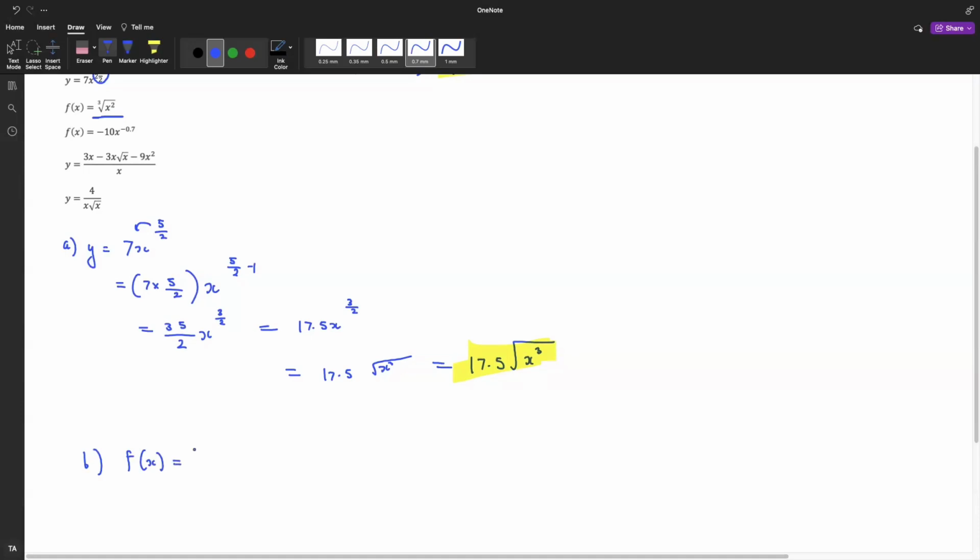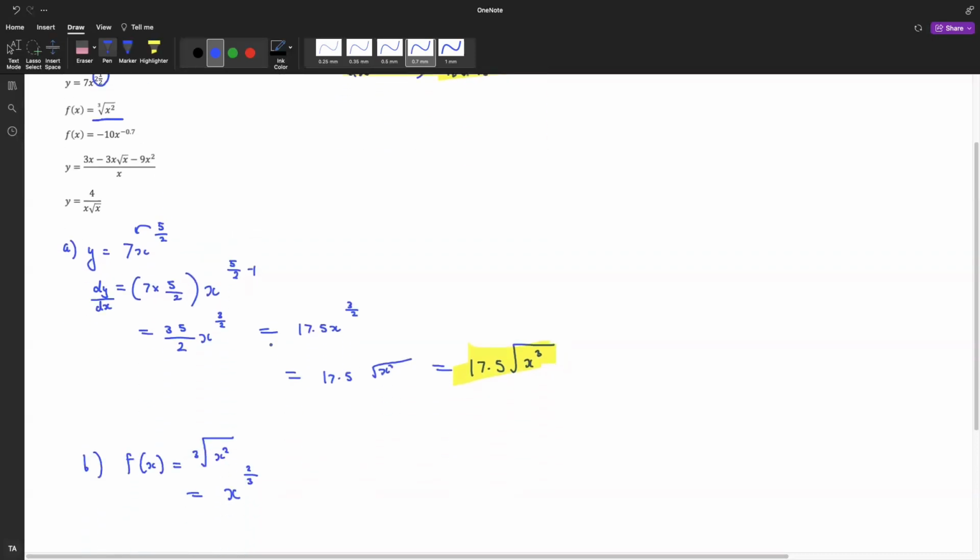So f of x is equal to, so this is what I was talking about earlier. See over here now we've got 3 on the outside and we've got 2 on the inside. So if you rewrite this as a fraction, that means we're going to have 2 on the numerator and 3 on the denominator. And now we can differentiate, d/dx. And now we're going to follow the same rule over here.